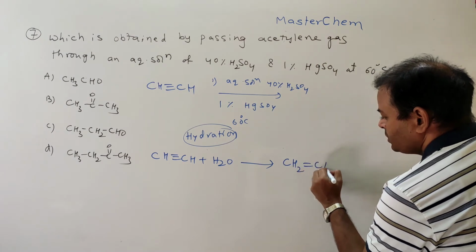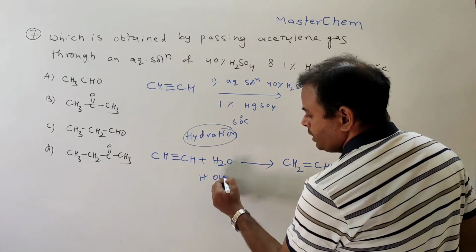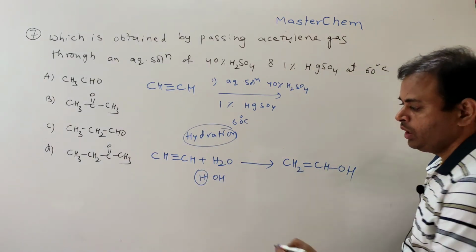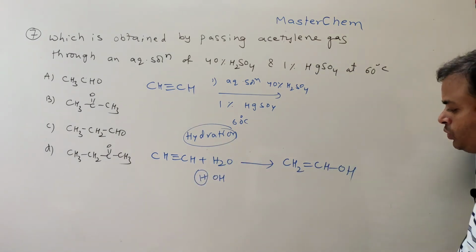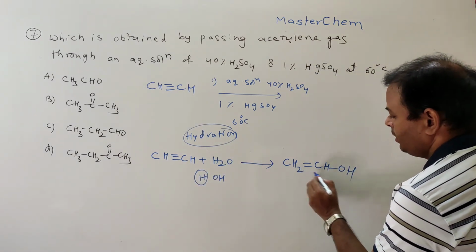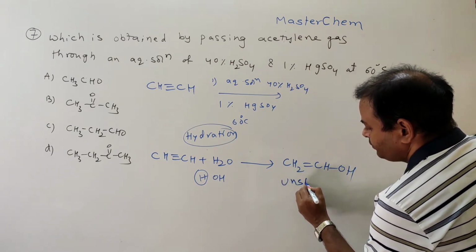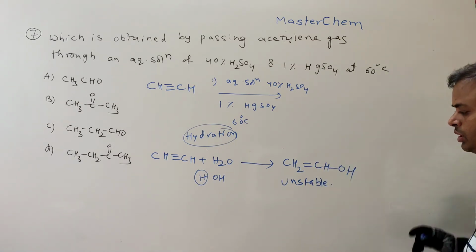CH2=CHOH. H attaches at one carbon, CH2, and OH at the other carbon. That is CH2=CHOH. So this is vinyl alcohol. So this is unstable.